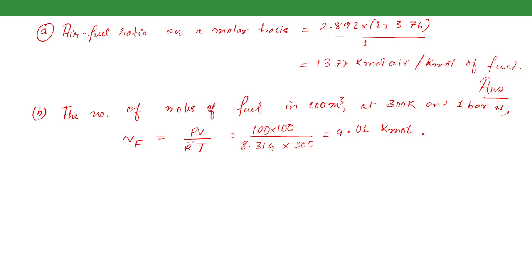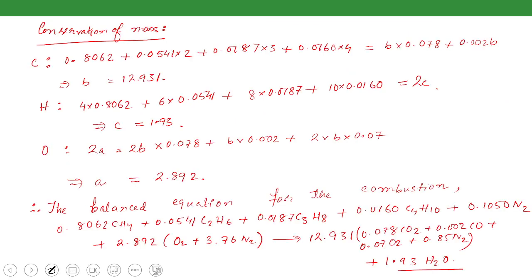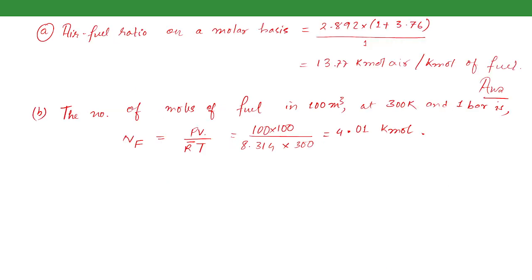Now from the previous balanced combustion reaction, we have seen that 1 kilomole of the fuel gives 12.93 plus 1.93 moles of the product. Therefore it will just be multiplied by this factor 4.01 kilomole.